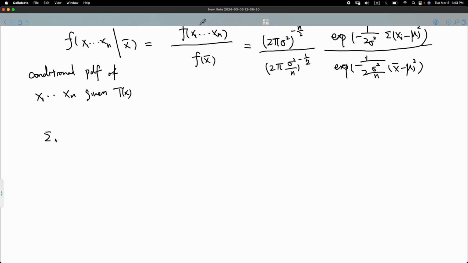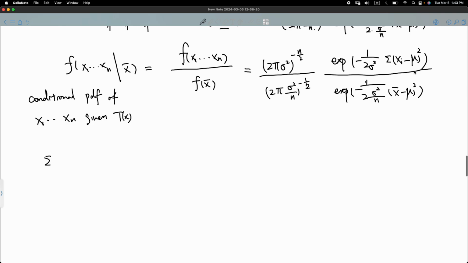Here we're just focusing on this one. We need to expand or manipulate this part a little bit, and that will help it cancel out with this term in the denominator, but it needs some manipulation. So the summation from 1 to n of xi minus mu, which is this term here, can be manipulated in the following way. Let's add and subtract x bar. This does not alter the quantity; we just add and subtract the same term.